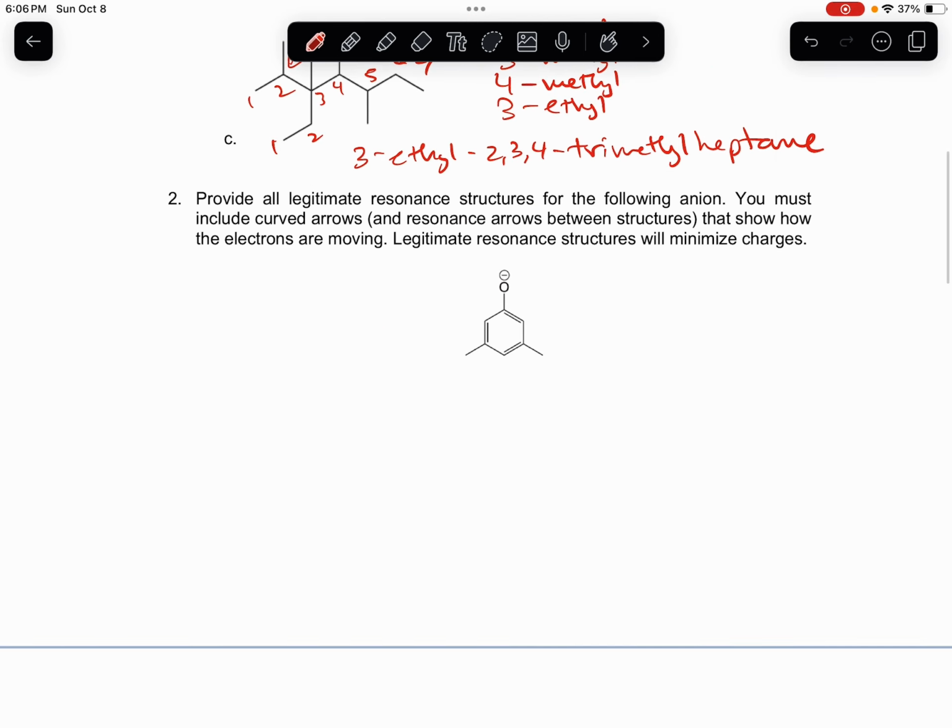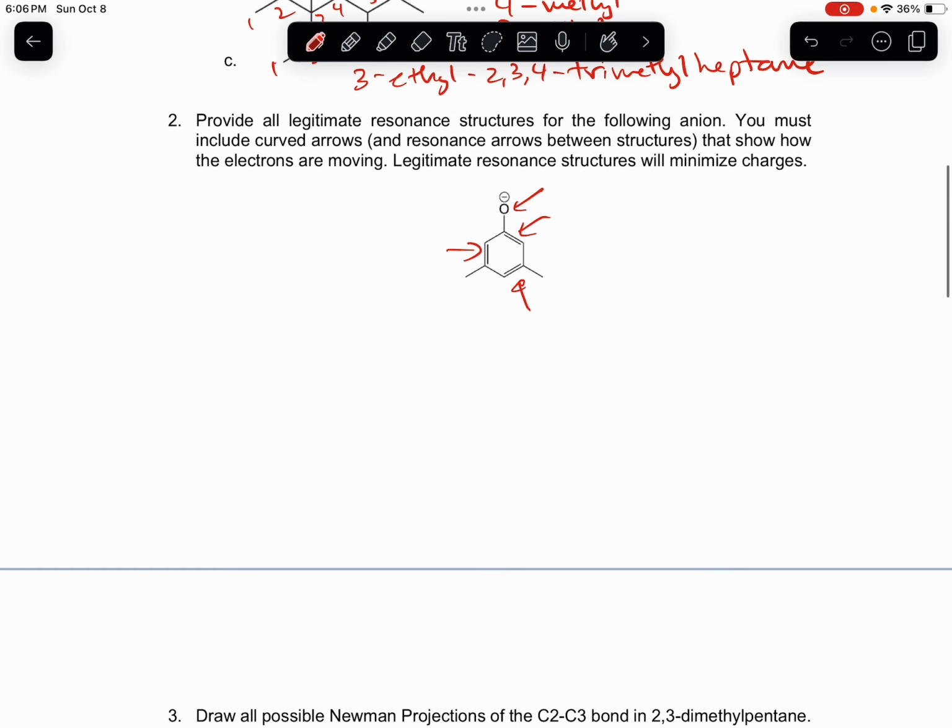So resonance structures, here's where you have a negative charge on this oxygen, and then you've got pi bonds around the ring, so that's what we're going to be using. I'm not going to show the curved arrows this time, but we can take that negative charge and move it, so it's going to be like this. Maybe I'm going to show the arrows at least on here once. And then you can start moving the negative charge around the ring.